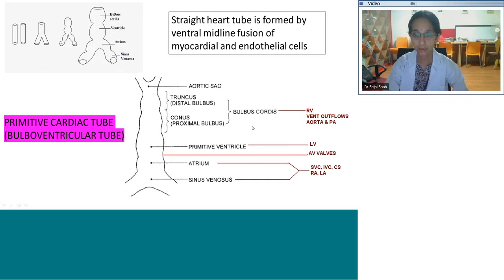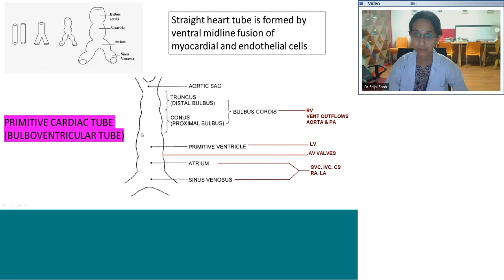The bulbus cordis has 2 components, the conus, which is the proximal bulbus, and the truncus, which is the distal bulbus. The terminologies we are using here are used in different ways based on different types of classification, but I find this much easier to understand: the whole thing is called bulbus cordis, which is in connection with the aortic sac and the primitive ventricle.